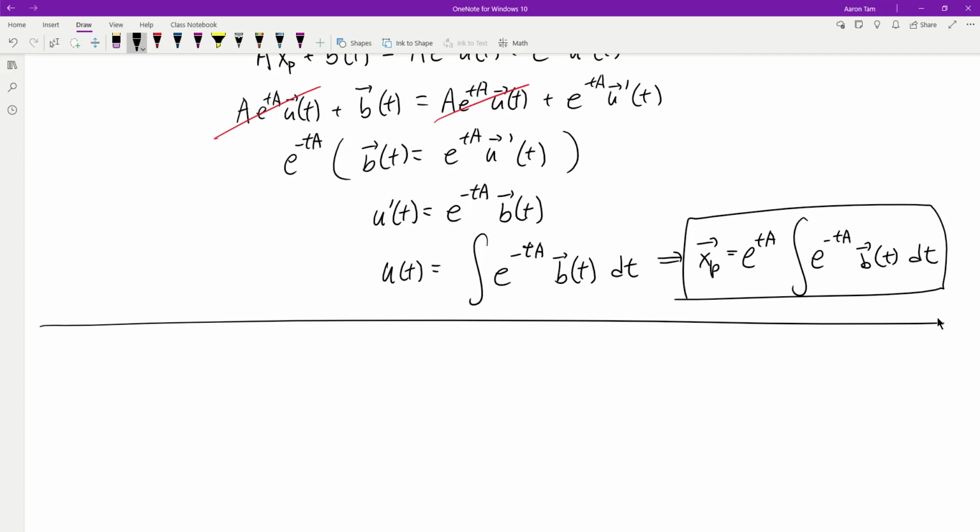And remember, on top of that, you have to find e to the tA first, which is kind of the main focus in 13.2. So there are a lot of things here that you need to pay attention to and make sure you do right. Otherwise, any one of those slight errors could screw up your whole problem, particularly if you mess up your matrix exponential. It has a ripple effect throughout the entire problem.